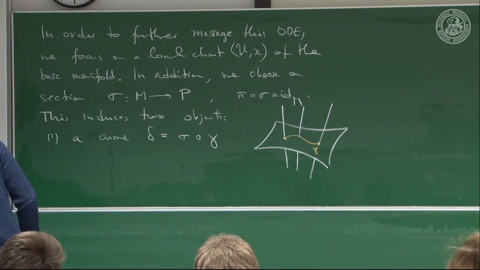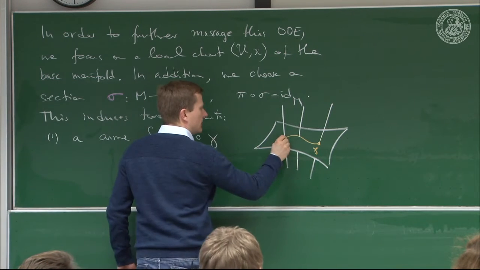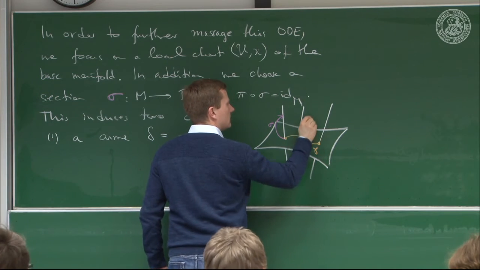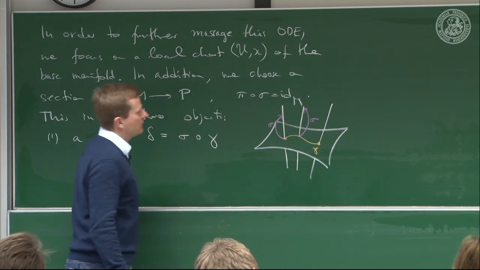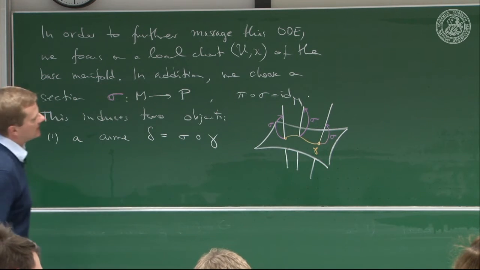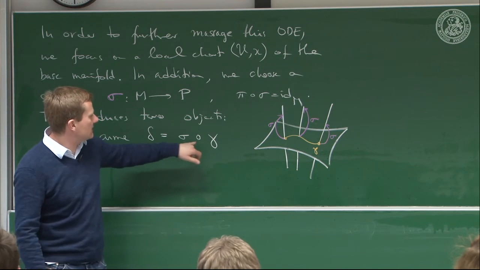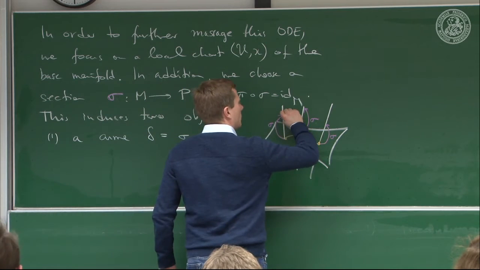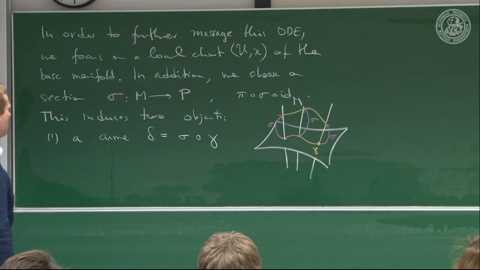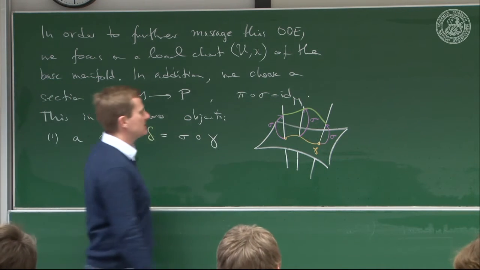And now I chose a section sigma here, which to every point in the base manifold attaches a point in the fiber over that specific point in the base manifold. That's a section. And you see by defining delta as sigma after gamma, I get one such curve delta. Now I don't remember what the color for delta was before, but now the color for delta is green. Okay, so this is a green curve.